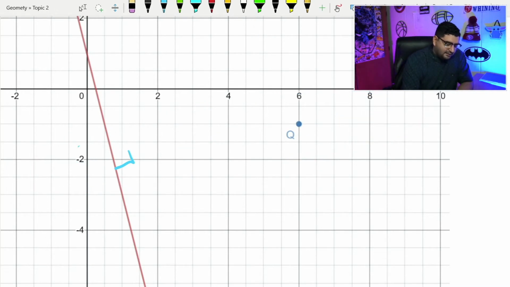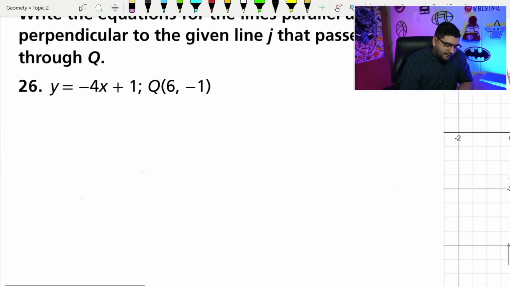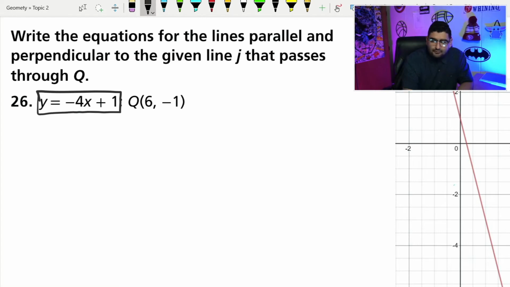So let's start off by talking about how we can do this. To find a line that's parallel to this one, we know that parallel lines have to have the same slope. I noticed right away that this equation is written in slope-intercept form, y equals mx plus b, which is a concept that hopefully you learned in algebra.